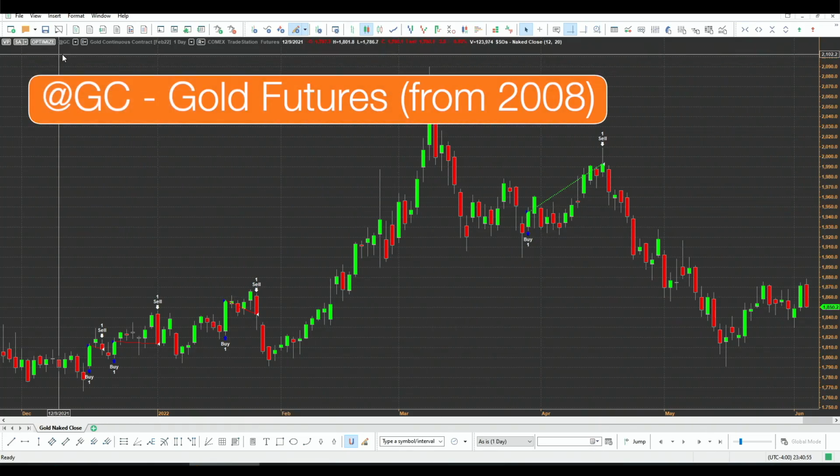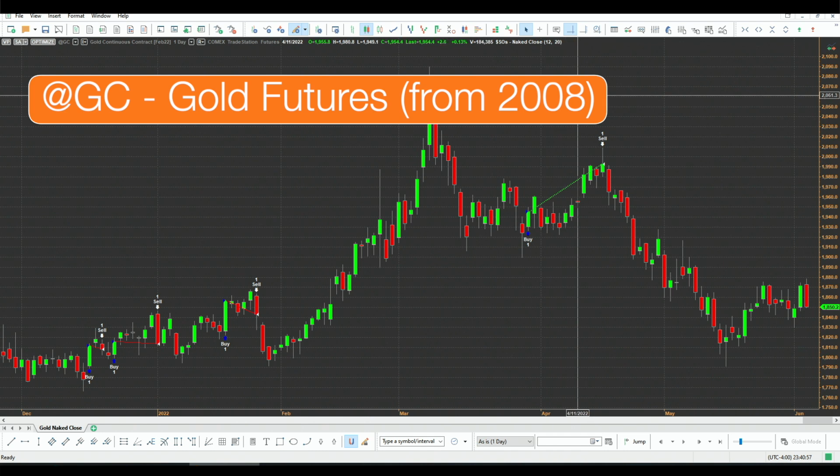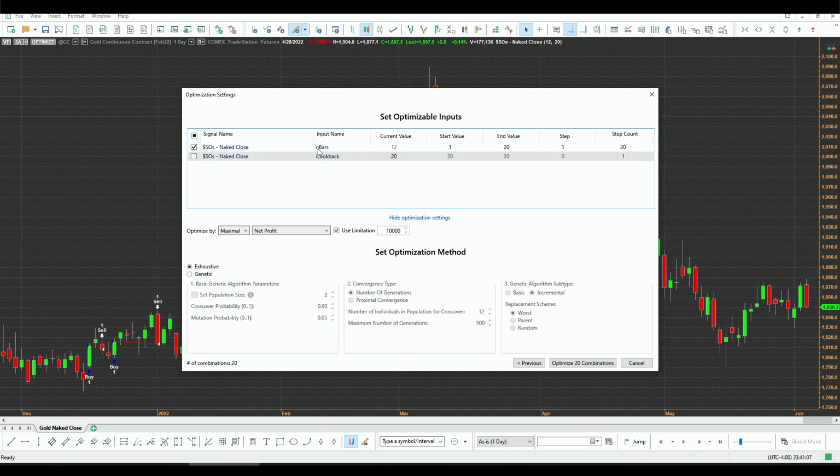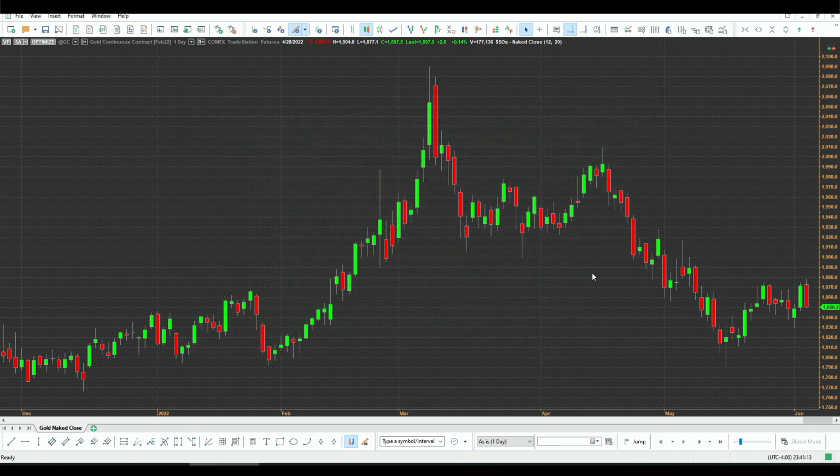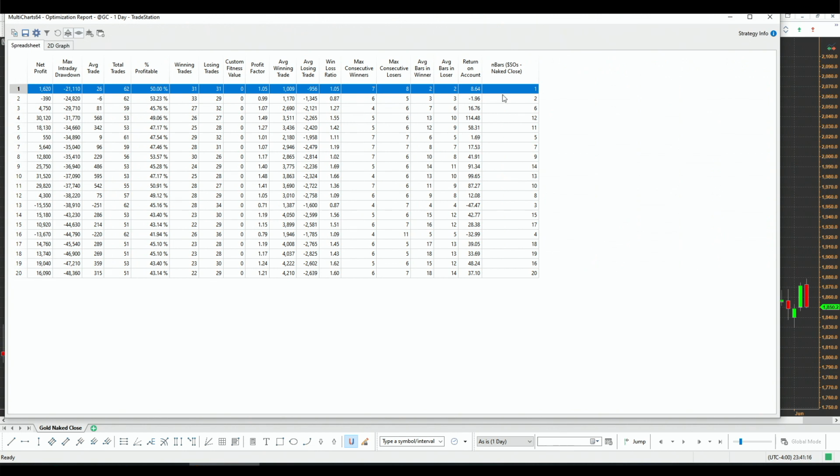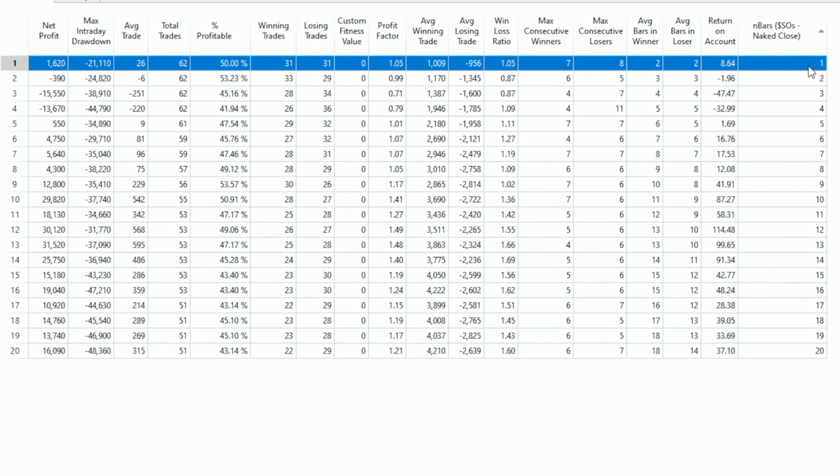This is gold futures, and I have data here since 2008. So we will test the exit after number of bars from 1 to 20 on the long side only. If we optimize, it's only 20 runs, so it should be very quick. And it's done. We sort by number of bars, and we can see here that 1 is profitable, but barely.